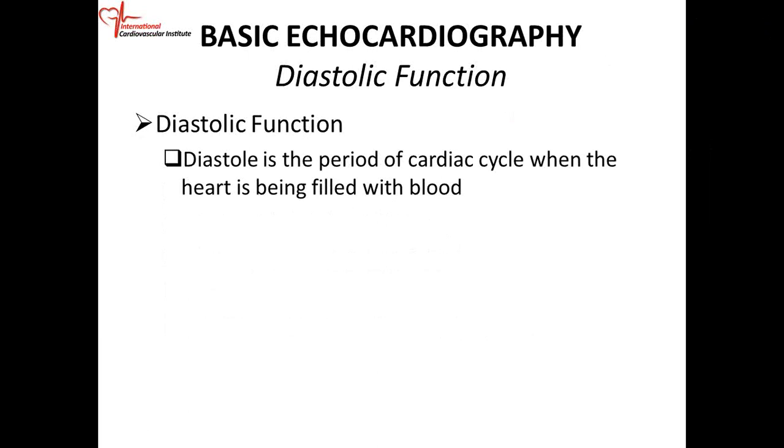So just after the blood is pumped out of the heart and the aortic valve closes, the mitral valve is also closed. The mitral valve is not yet open. So all the valves are closed. That is the beginning of diastole. That's the beginning of the diastolic period.